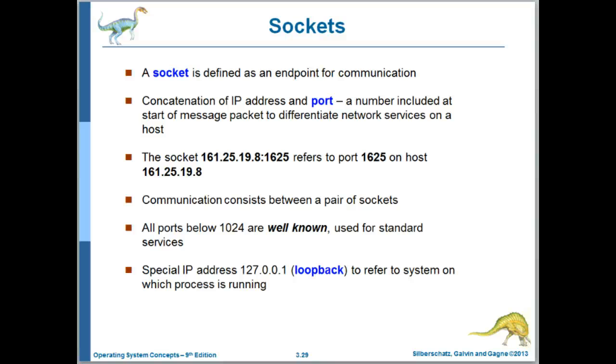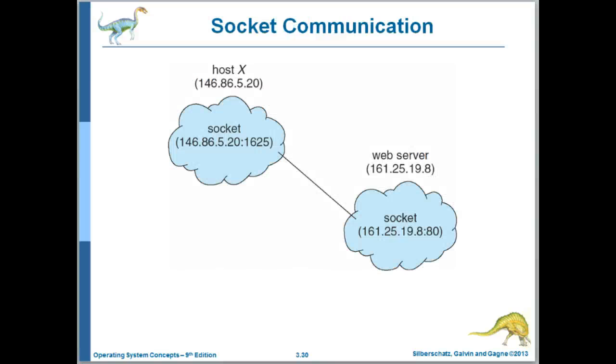So a TCP connection is an ordered four tuple, and that ordered four tuple uniquely identifies a communication link between two processes on potentially different systems. So here's a figure illustrating the concept. On the left, a web browser is using port 1625 to communicate with a web server on the right that is listening on port 80.